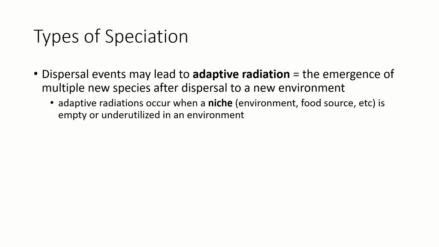Now, dispersal events, remember that's where a small group makes it to a new location. They can often lead to something that we call an adaptive radiation. And that is where multiple new species diverge fairly quickly. Now, we're talking fairly quickly in evolutionary time. So this could be in thousands of years, okay? We're not talking like tens of years.